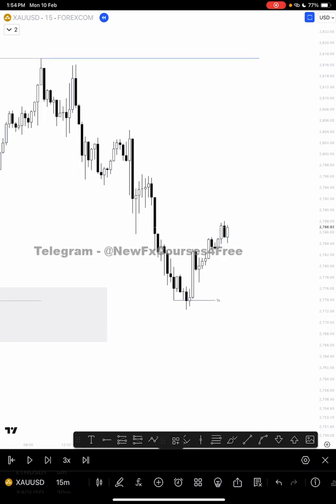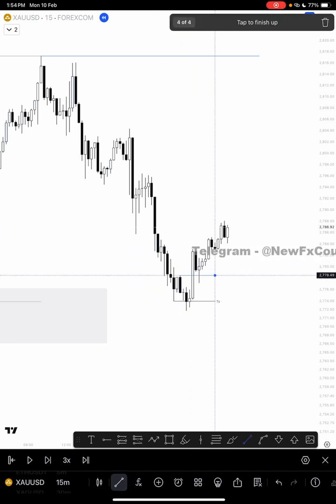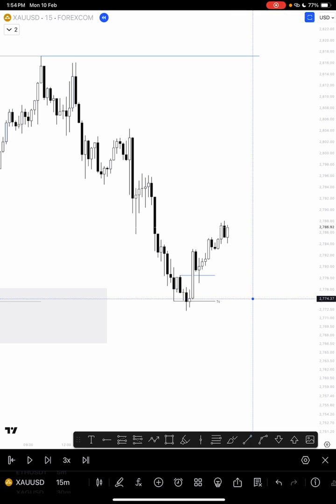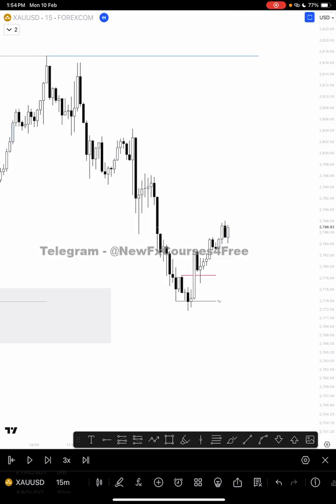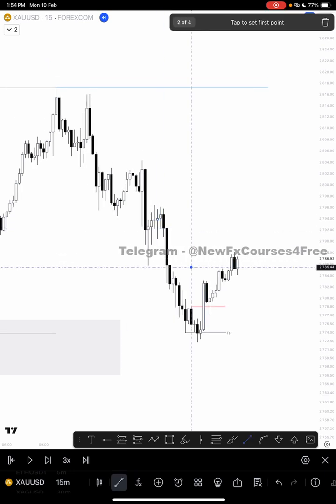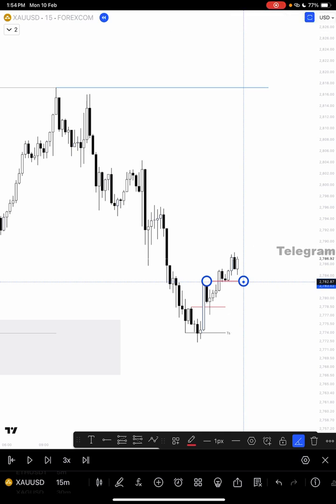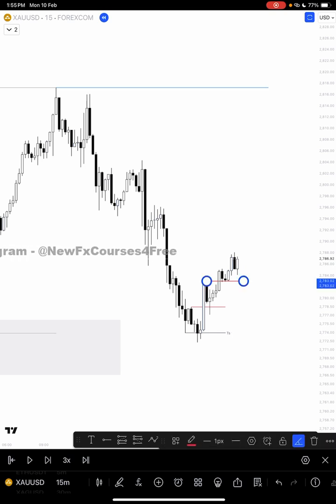Okay, so here we got a retracement into, let me just say, this breakup block. Yeah, got a retracement into this breakup block first, then we got another retracement into this other block, which is actually aligning with our breakup block.